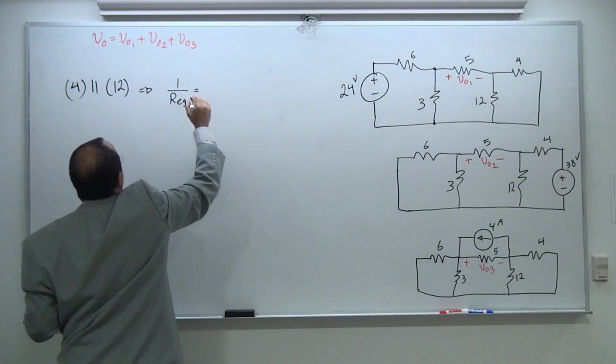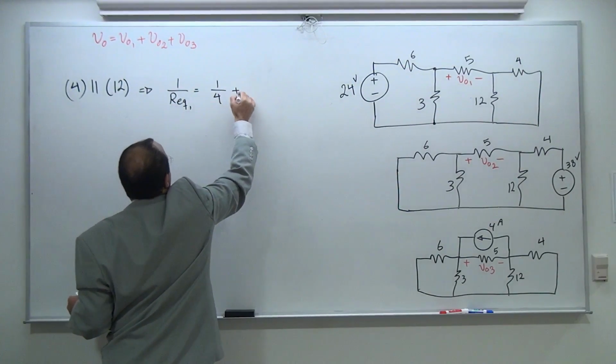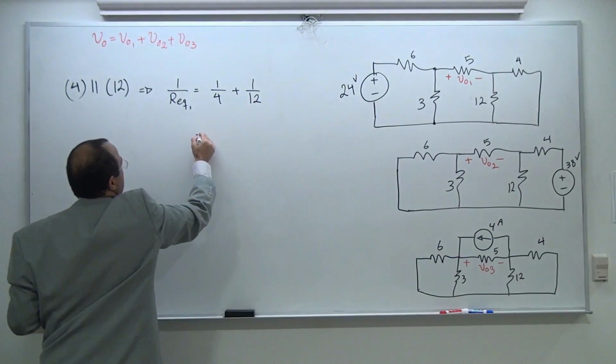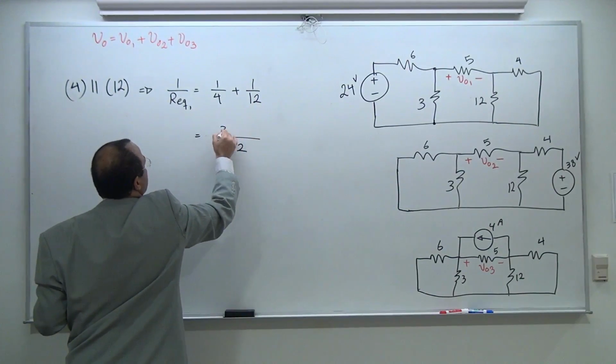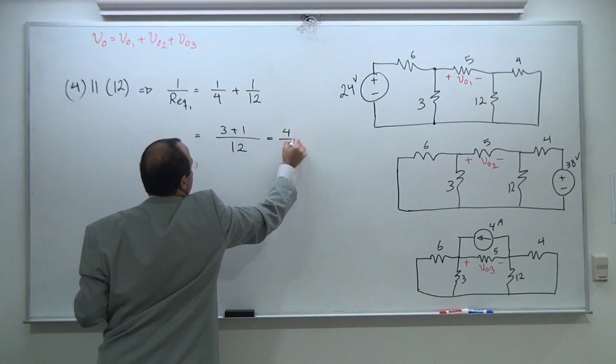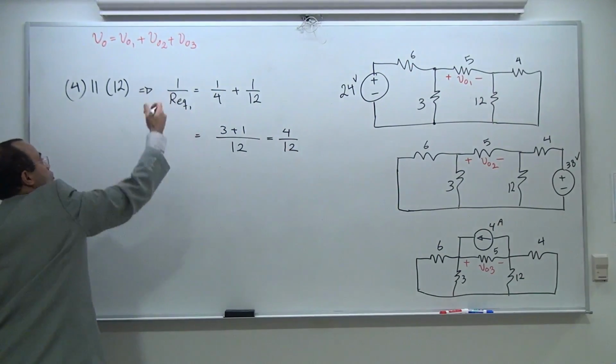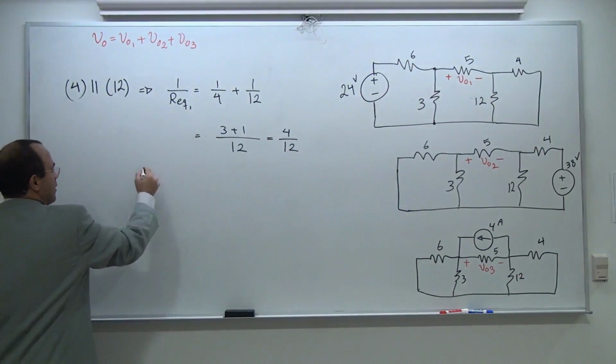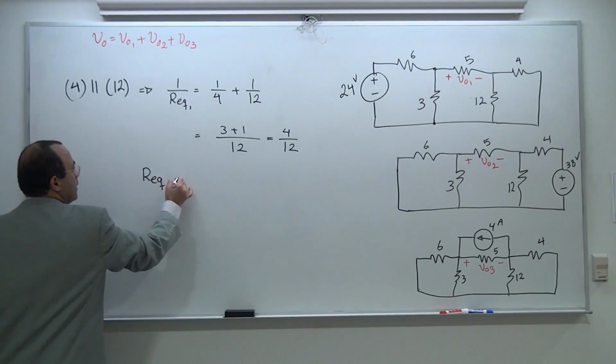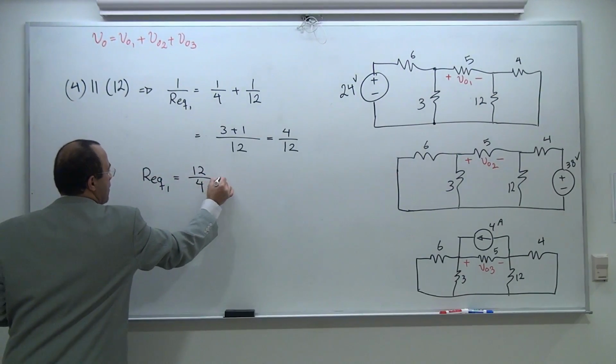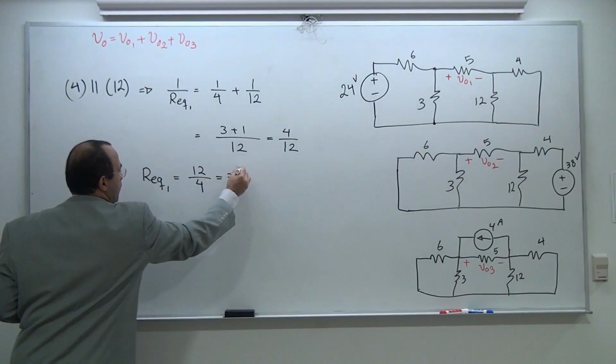How much is that? Let's go with the G rule. 1 over 4 plus 1 over 12. That's going to be 12: 3 plus 1, that's 4 over 12. Now, I need to remember one more inverse. R equivalent 1 is equal to 12 divided by 4, that's equal to 3 ohm.